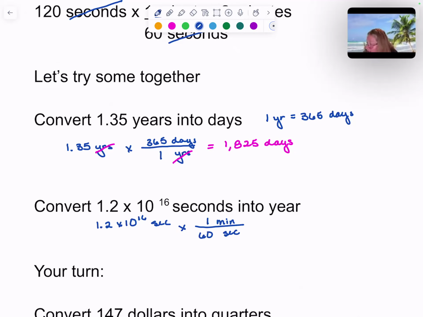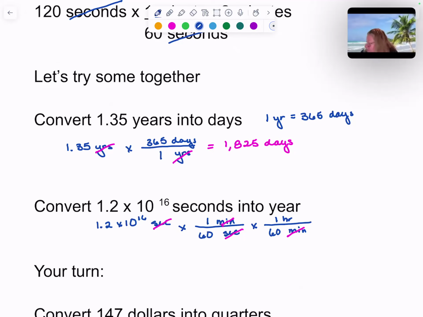Okay, so that allows us to cancel out our seconds, but that still doesn't take us to years. So then we're going to need to get rid of minute. So we're going to want to put minute on the bottom. Well, what do we know about a minute? Well, we know that there's 60 minutes in 1 hour. Okay, we're getting bigger. The minutes are going to cross cancel. Where does that take us?